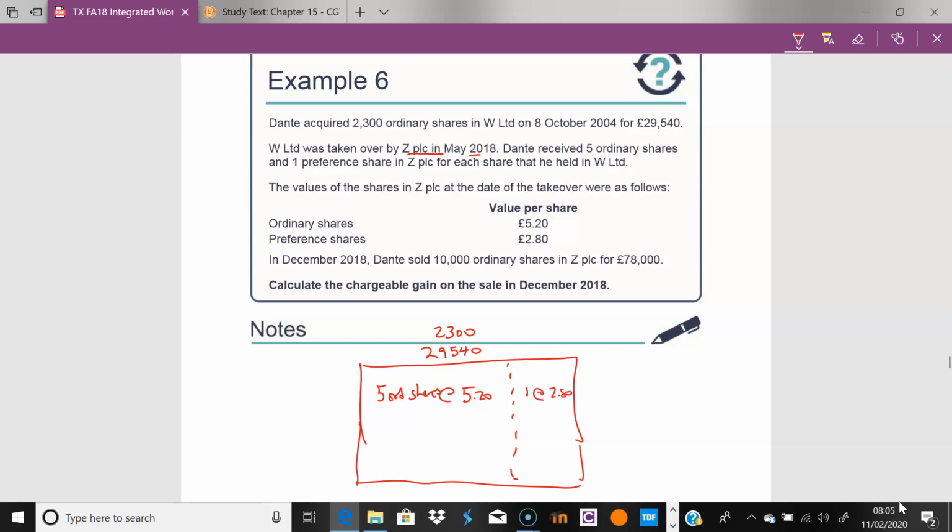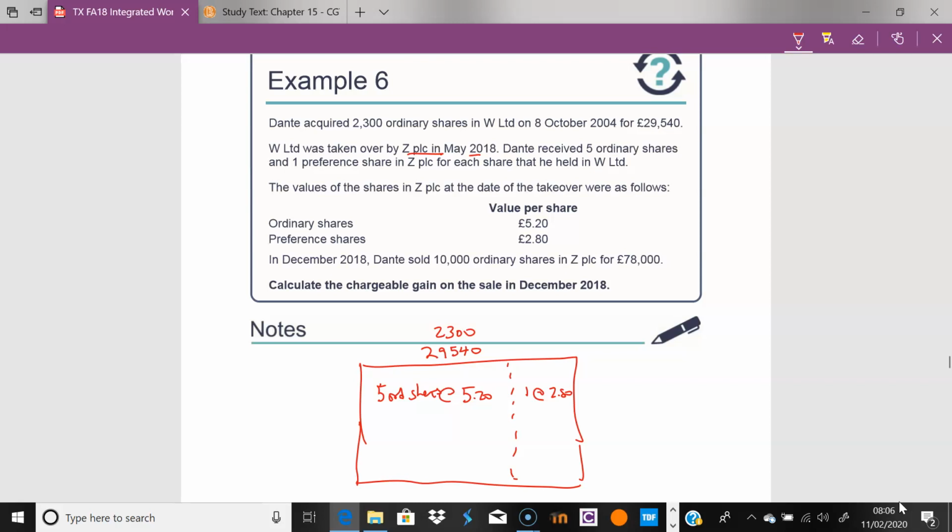So just to show you conceptually what I really want to do, I want to explain that it's a matter of value. I could have calculated it because I'm giving you 5 ordinary shares for each share you have. So I could then go ahead and multiply this by 2,300, multiply this by 2,300 to get the total value, but I don't. It's just about value.